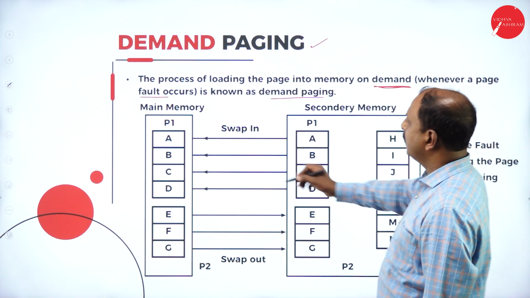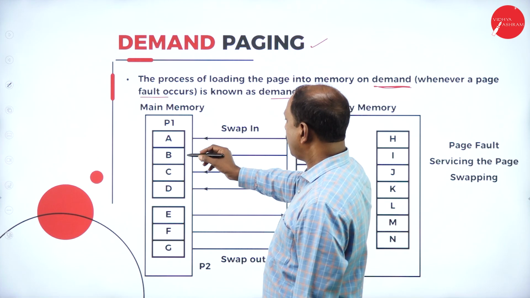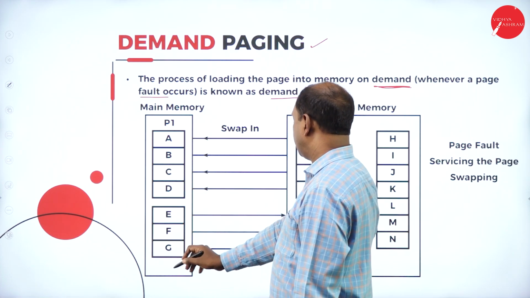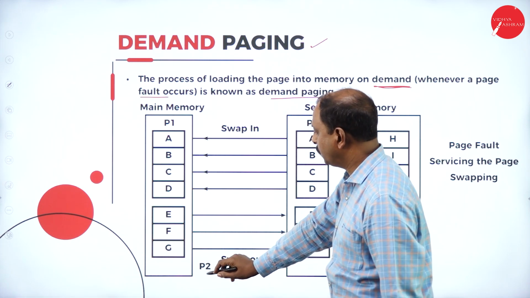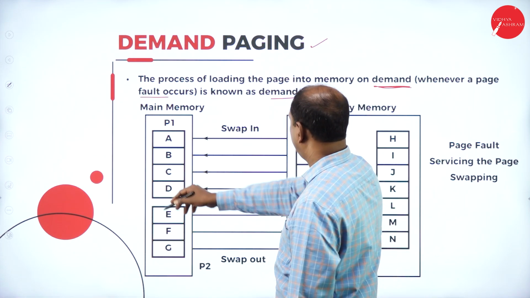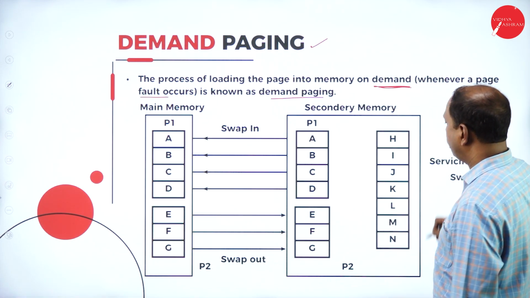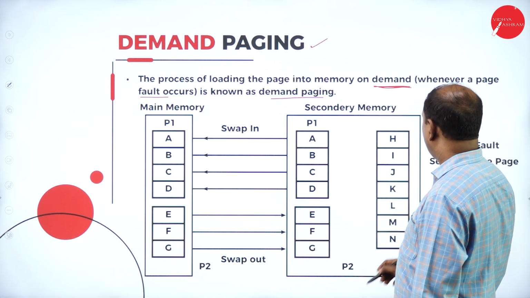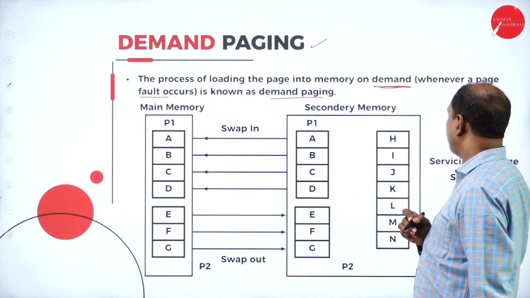So again, what is the paging here? In main memory, we have page 1 with A, B, C, D and E, F, G. This is page 2, with 3 frames holding 3 data. And in the secondary memory, again there is page 1, these are P2, and this is another page 3 information.